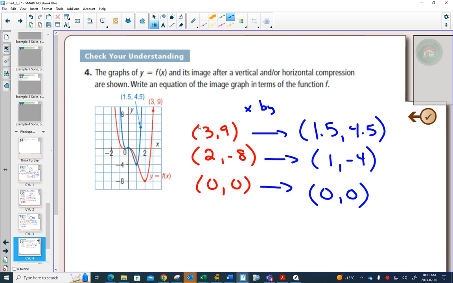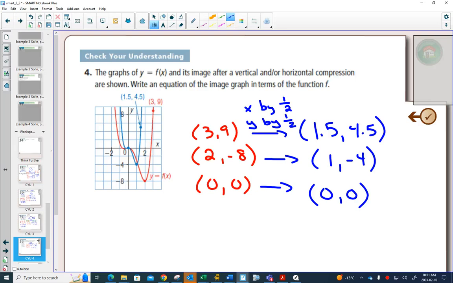They've been multiplied by half. What about your y values? 9 to 4.5, negative 8 to negative 4, 0 stayed the same. Can you see that your y values have also been multiplied by half? So we have a vertical compression and a horizontal compression.